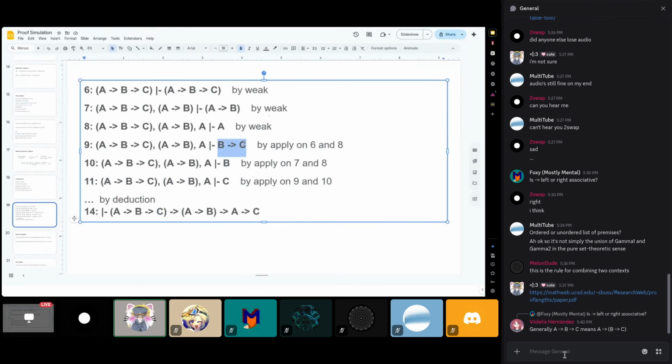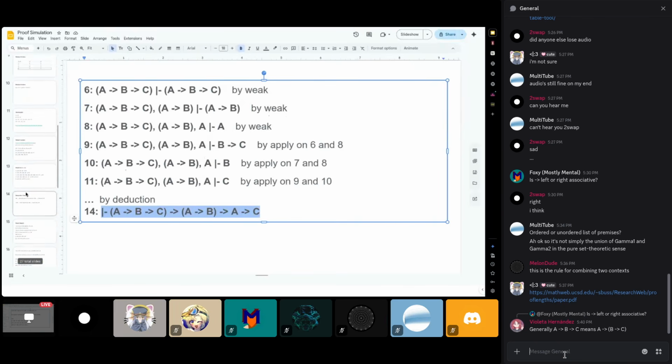So you can get B implies C, and if we apply A implies B to A, you can get a B. And then if we apply B to B implies C, you can get a C. And then from there, you can just use the deduction theorem like 4 times and end up with this one, which you may recognize from the Hilbert system earlier.